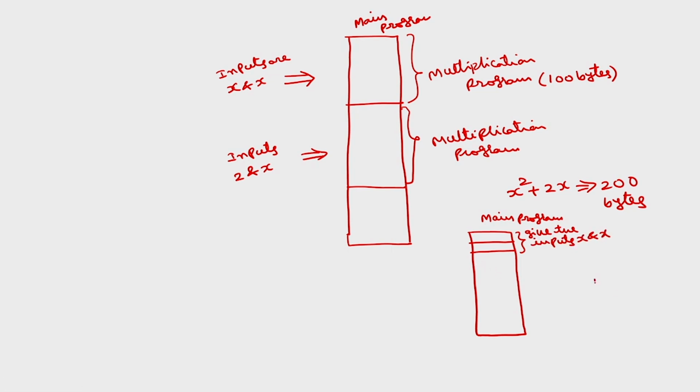Then you write a multiplication program somewhere else. This is the multiplication program. Whatever data you give, it will multiply and feed back the result to the main program. This particular multiplication program is called a subroutine or procedure.